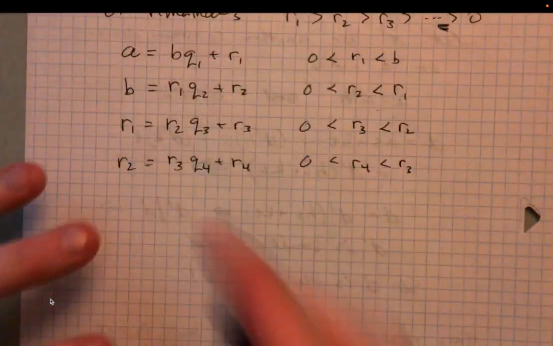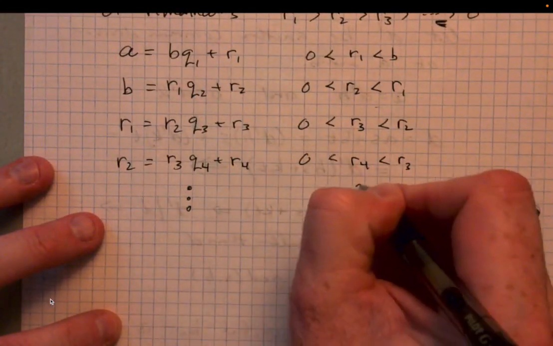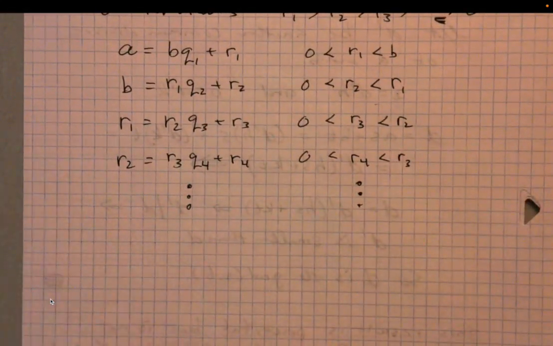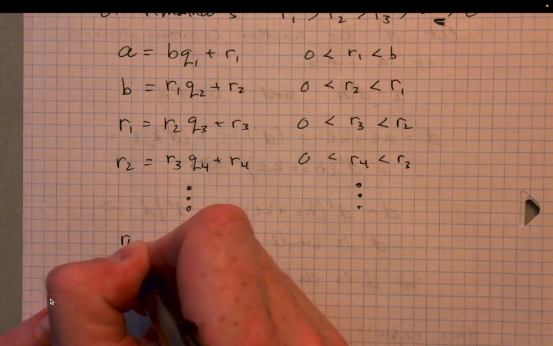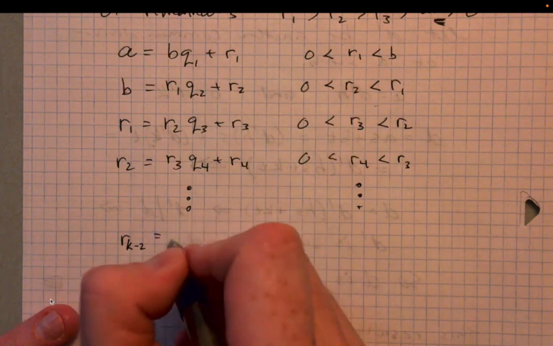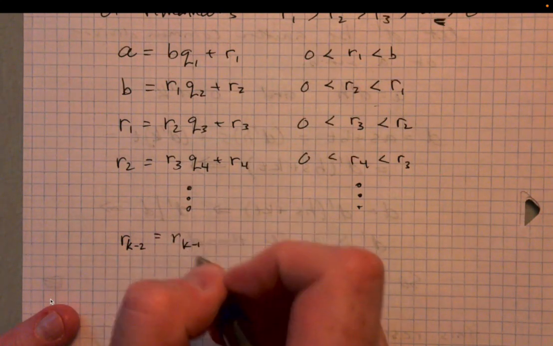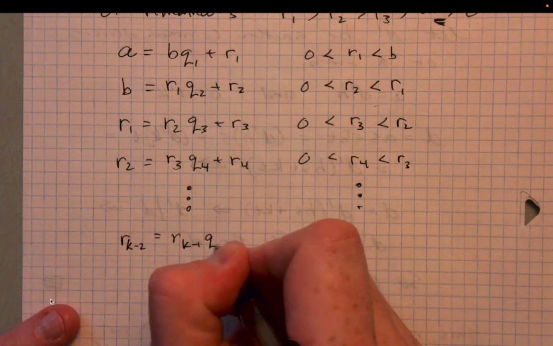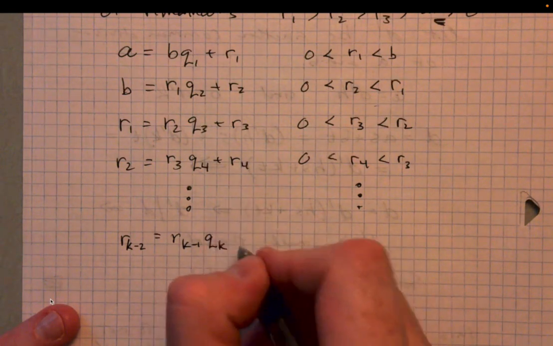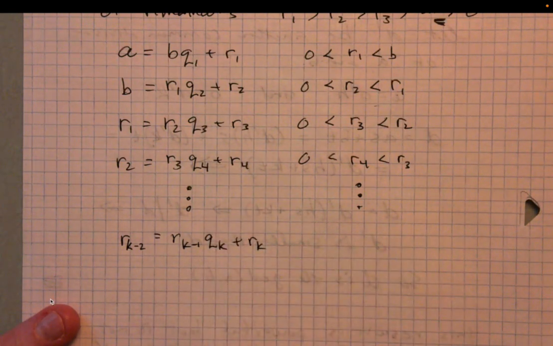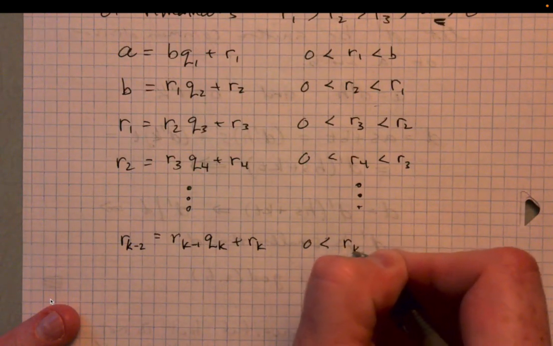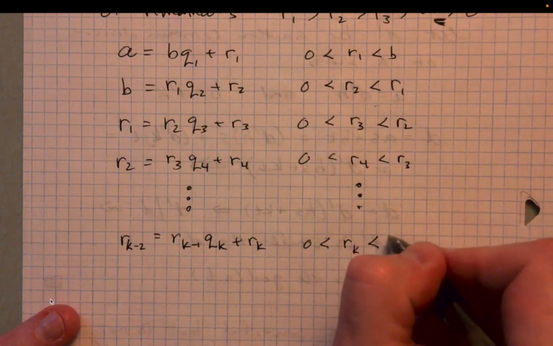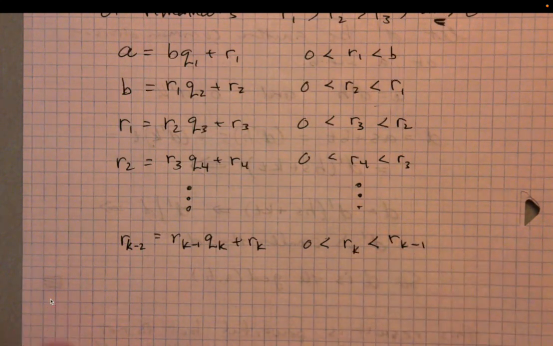We continue on like this until we get down here, and let's say rk minus 2 is equal to rk minus 1 times qk plus rk, right? And here 0 is less than rk, which is less than rk minus 1.